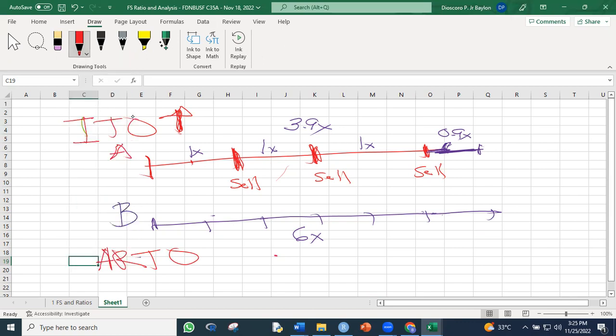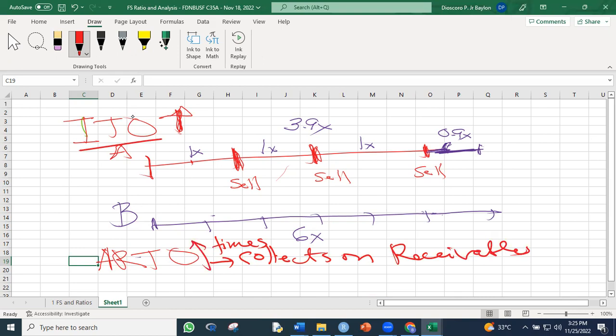It measures the number of times a company collects on their receivables. And just like ITO, the higher the ARTO, the better, because that means the frequency that the company is able to collect the receivables is more.